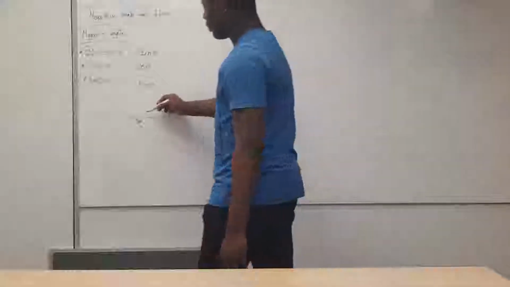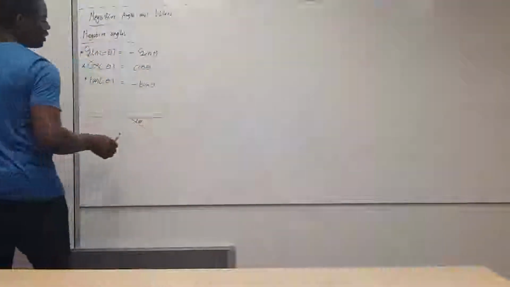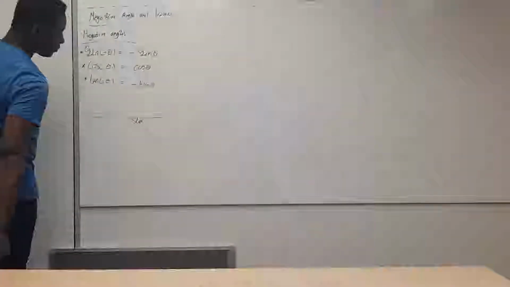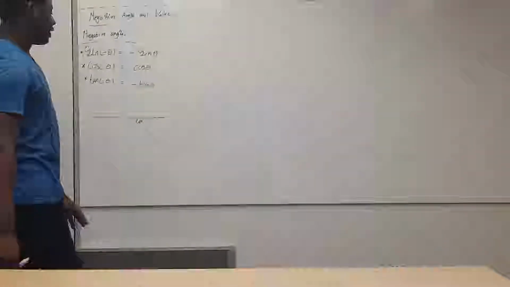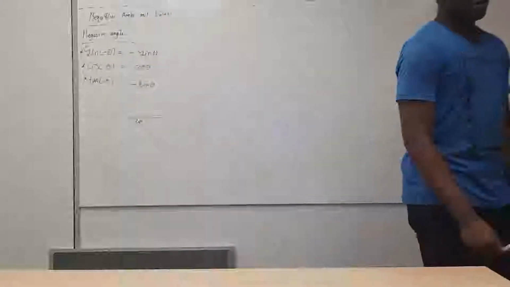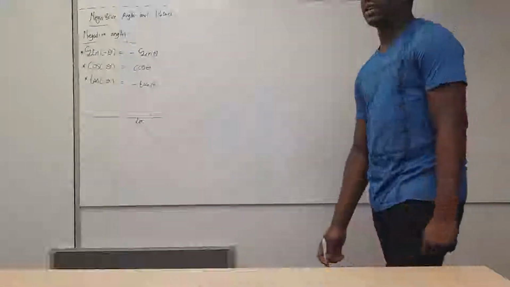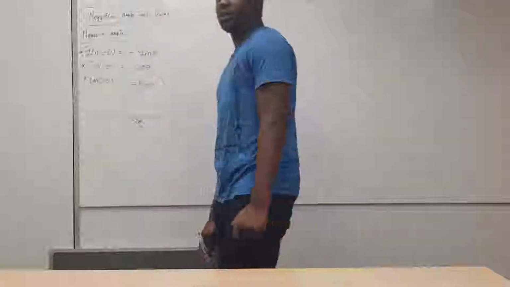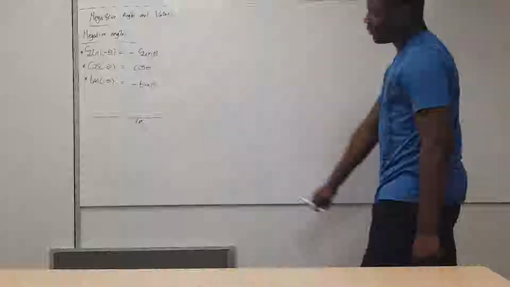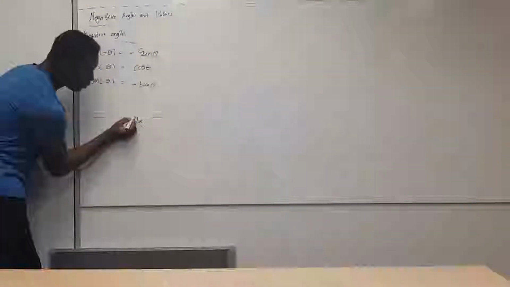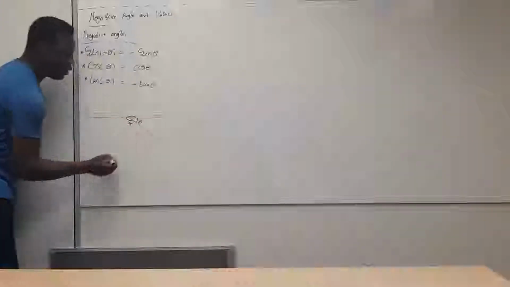Because you're measuring from the x-axis, say you measured 45 degrees here, what your answer will actually be is negative 45, because you're measuring from the x-axis but clockwise. So it's going to be negative. We call this remaining angle alpha.